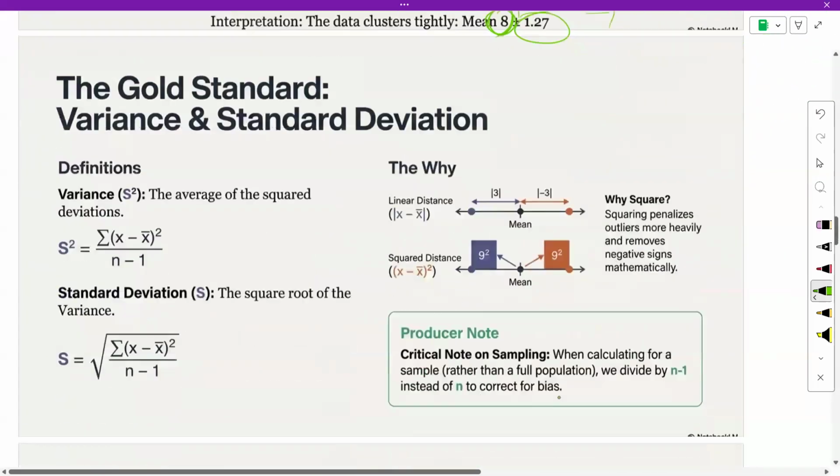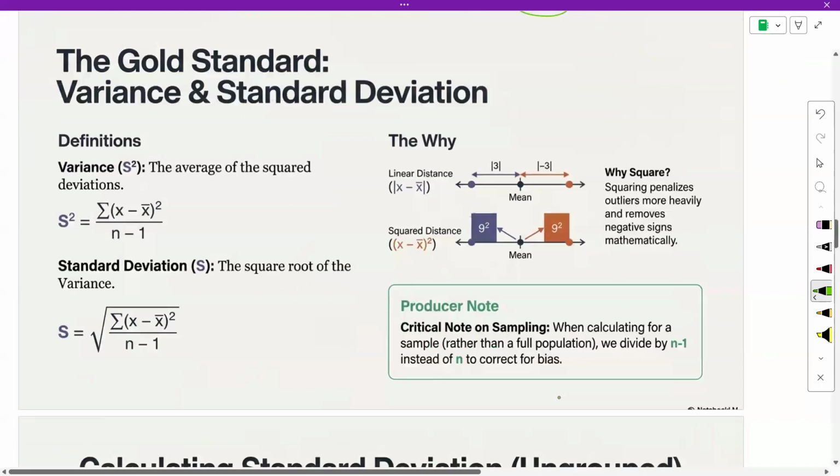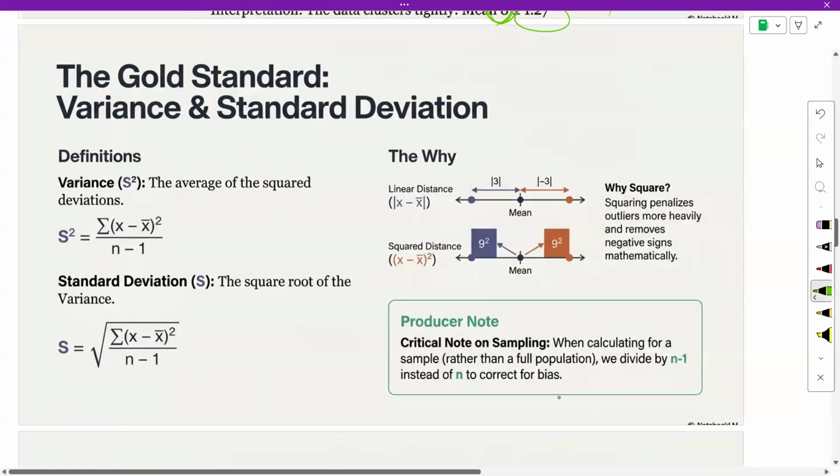Now we move to the most important area, the gold standard for calculating variation: variance and standard deviation. Why is it better?